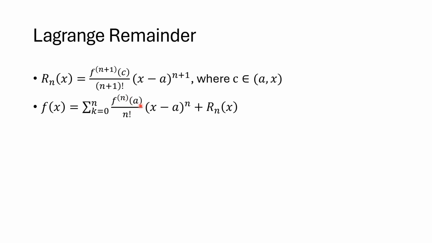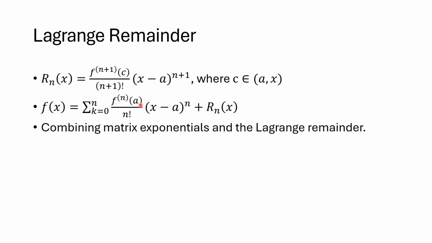And in this video, what I want to do is combine the concept of matrix exponentials with the Lagrange remainder. Now, anyone who has dealt with matrix exponentials should know that we can actually use Taylor series to approximate f of, let's say, a matrix, right?